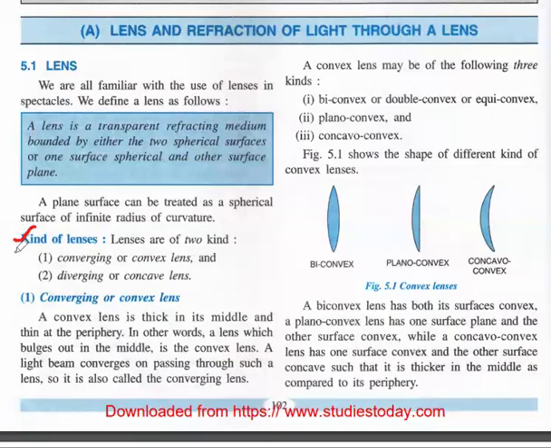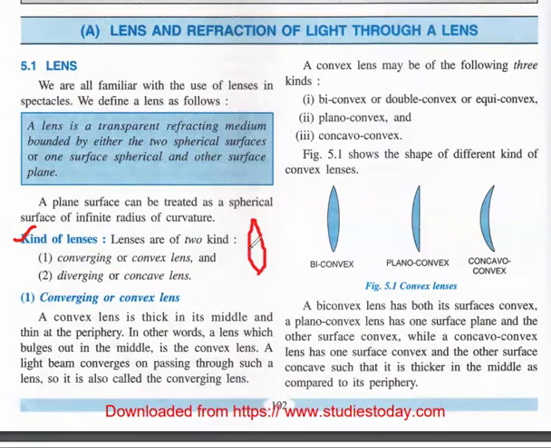The lenses are the converging, also known as convex lens, and the concave, also known as diverging lens. I hope you know what it is. Convex lens is this, and concave lens is something like this.